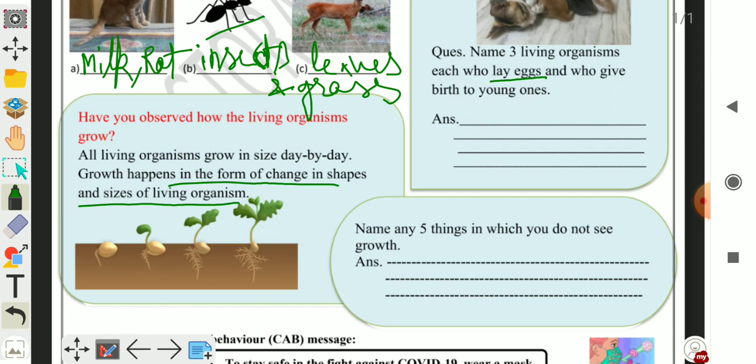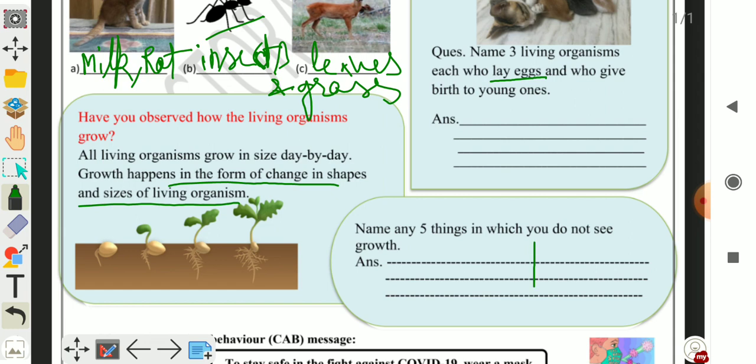While the animals which give birth to young ones are cat, dog, human being, lion, deer, and many more. You have to write only 3 names.